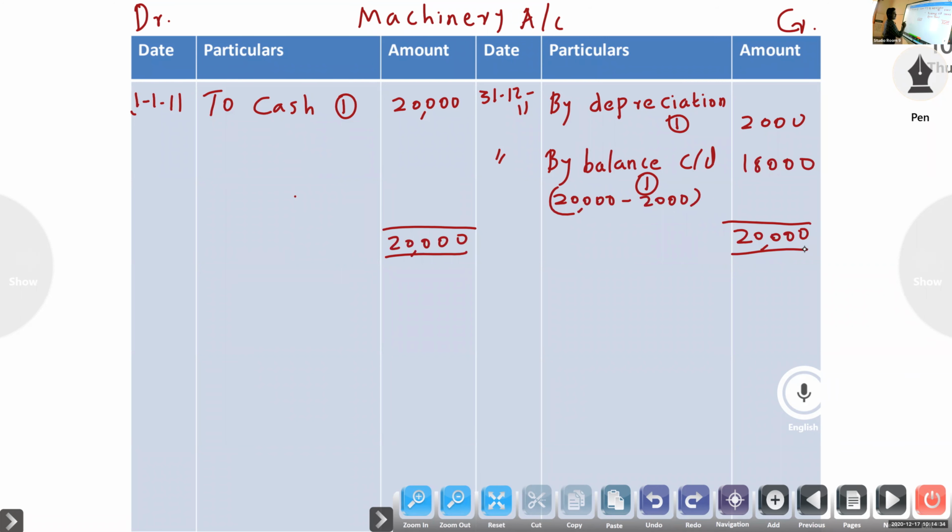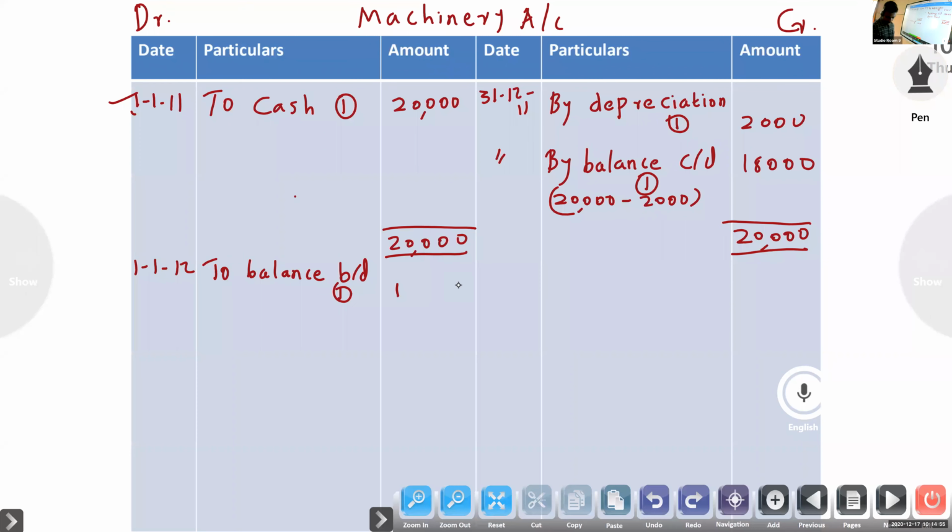Next, second year. After December, 1st January 2012, to balance b/d 1, 18,000.